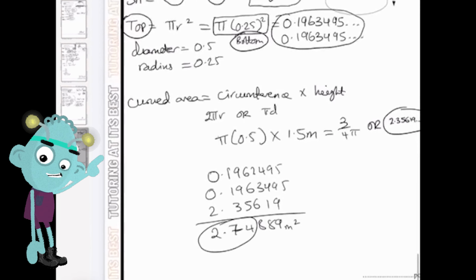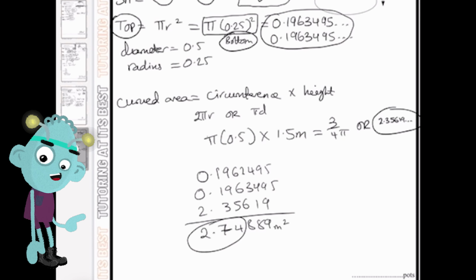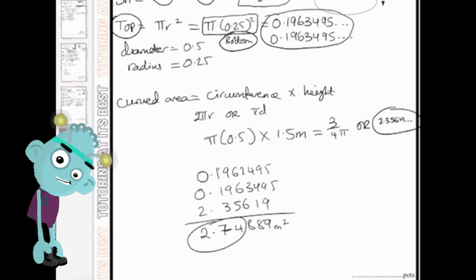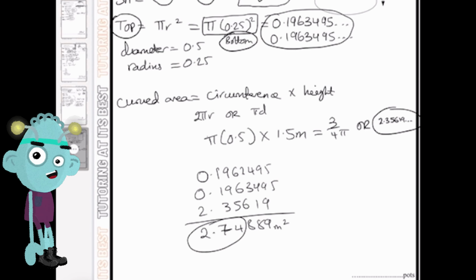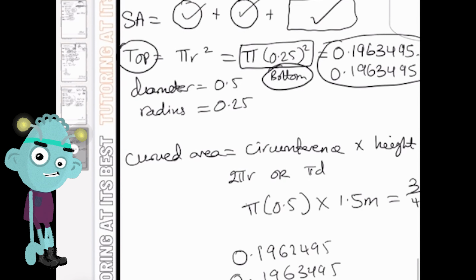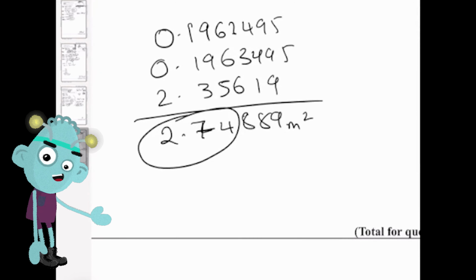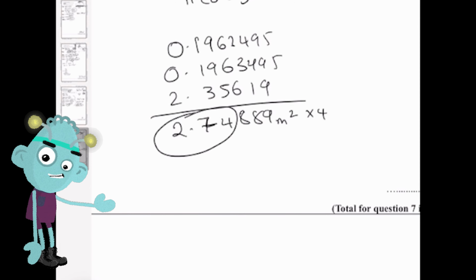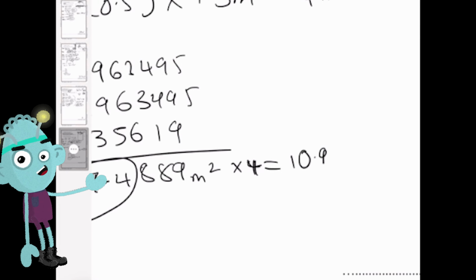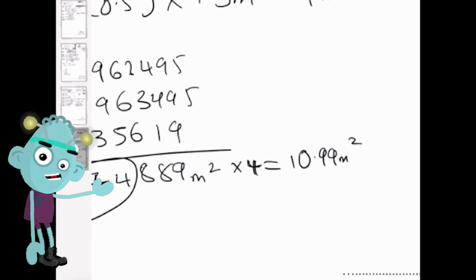But then it states in the question here that 4 of these tanks need to be painted. So we're going to simply take our answer here and we're going to multiply this by 4. And that will then give us 10.99 meters squared.